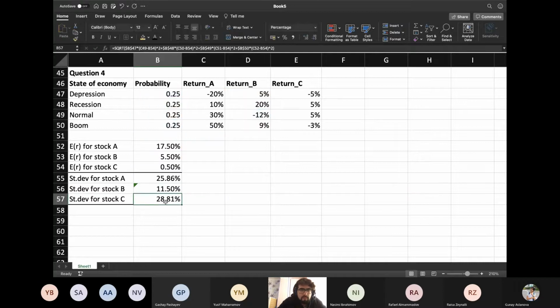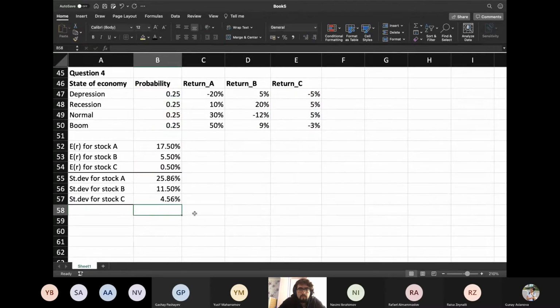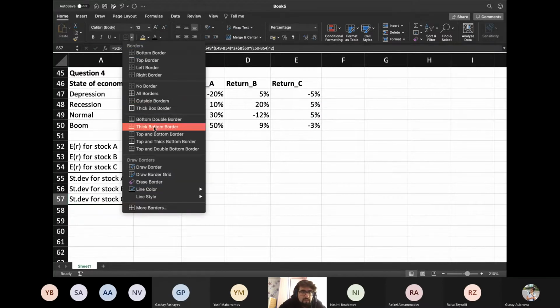This is for B and for C. Standard deviations. We also calculated them.